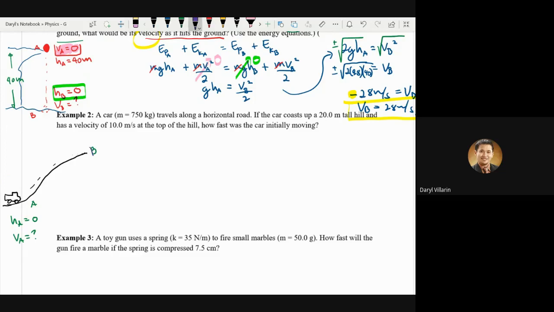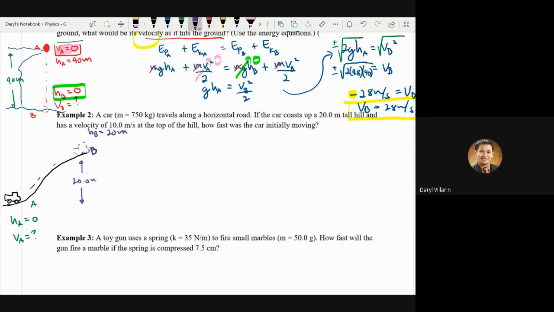And then at this top portion, your car would be here already. The height of that hill is 20.0 meters. So HB, since I set my A as 0, should be 20 meters.